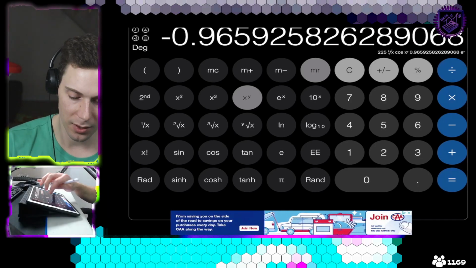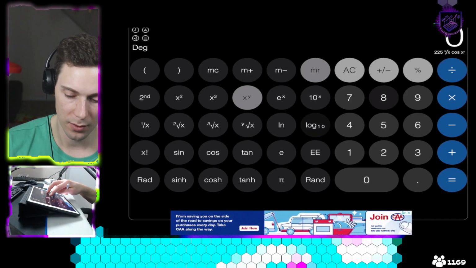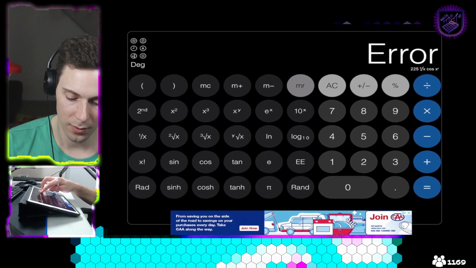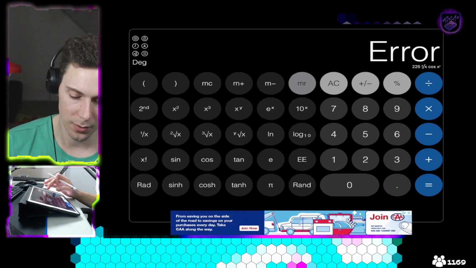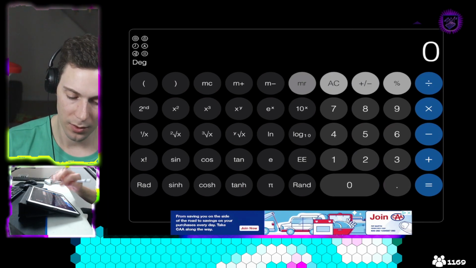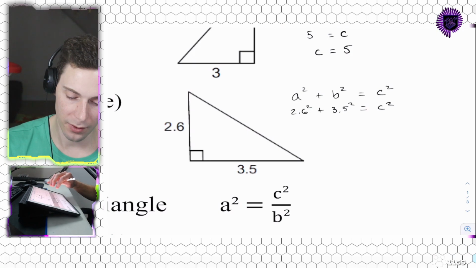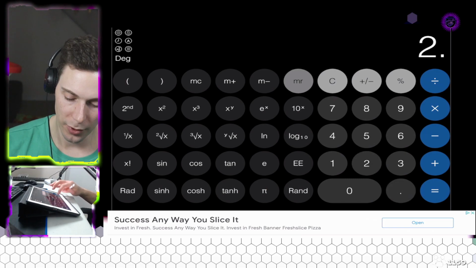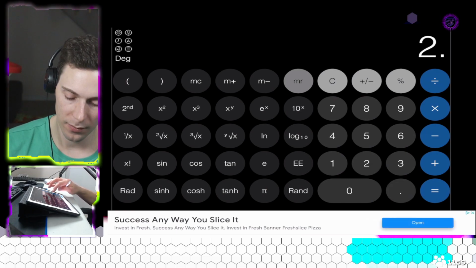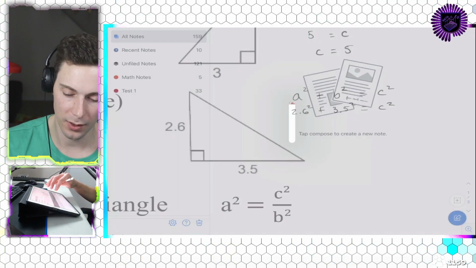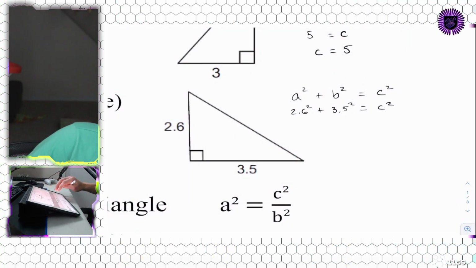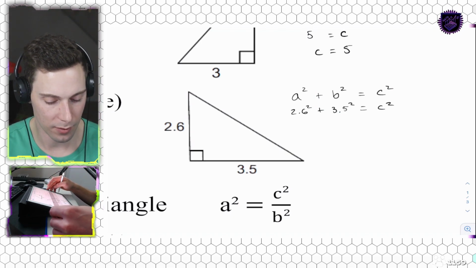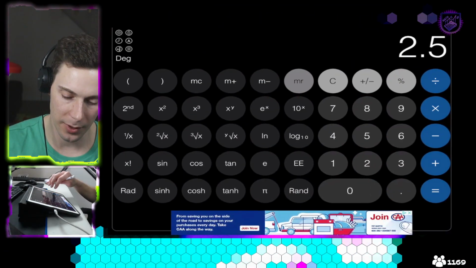So to do this, I'm going to simply clear. What was it? I need to remember those two numbers. 2.6 and 3.5. Okay.